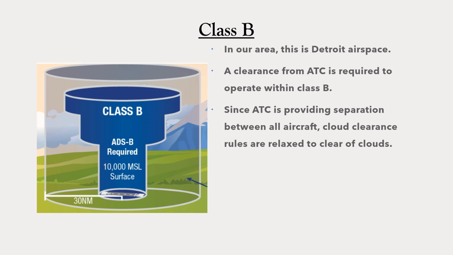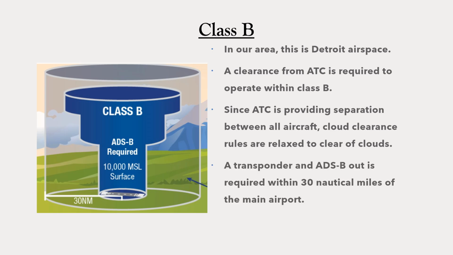Since they're providing separation between all aircraft, including VFR aircraft, the cloud clearance rules are relaxed. So you just have to stay clear of the clouds. You don't have to stay a certain distance from the clouds. Transponder and ADS-B out is required not just within the airspace, but actually within 30 nautical miles of the main airport, which is a broader space than what the Class B airspace extends.